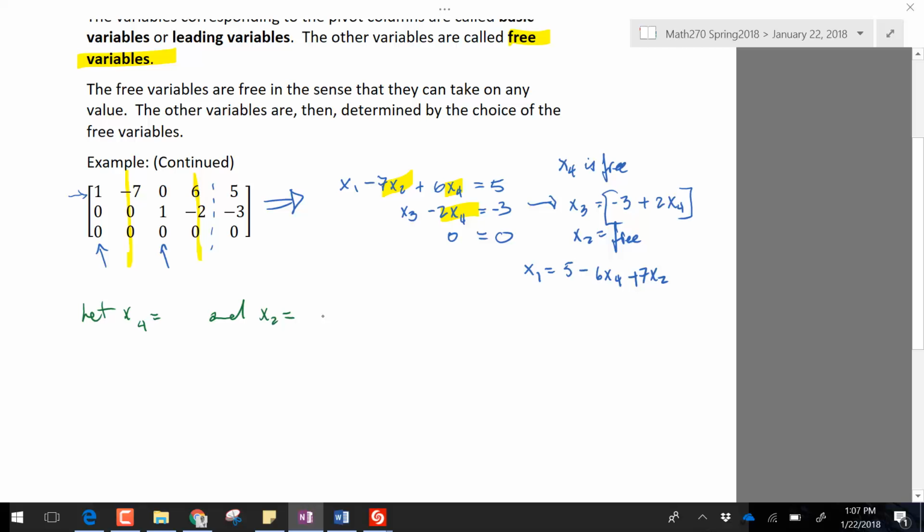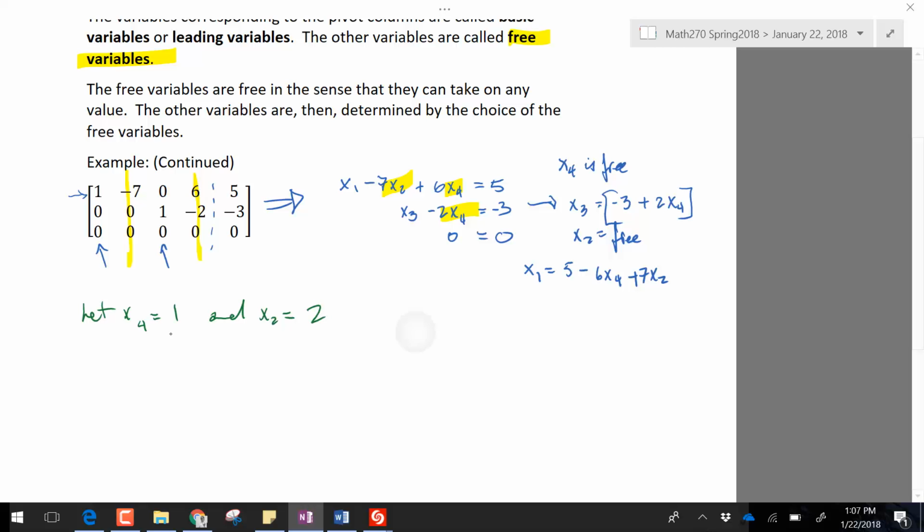So let's let x4 equal to something, and independently, let's let x2 equal to something. 1 and 2, for example.